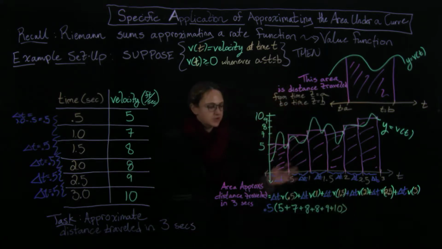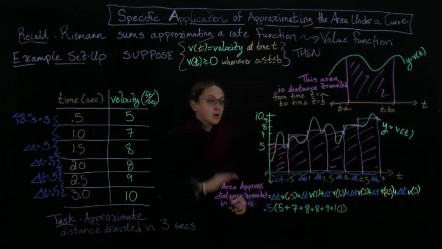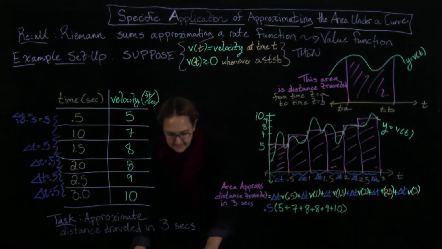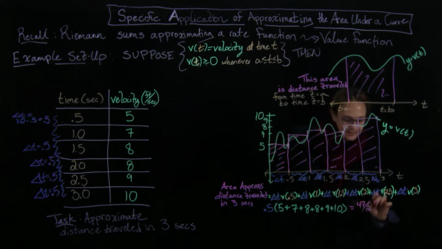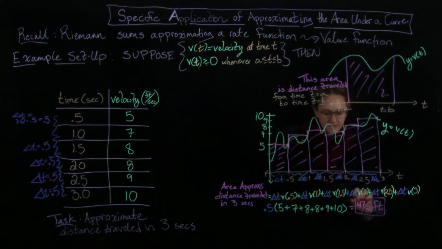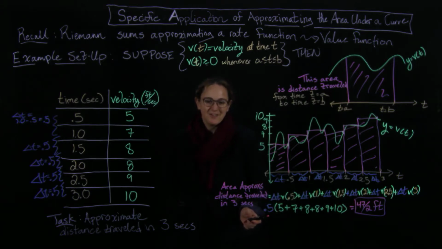And then we can go ahead and compute this, and this is equal to 47 divided by 2 feet. This is a computation that you can do. You can add up all of these, and the dividing by 2 comes from the fact that 0.5 is the same thing as 1/2.